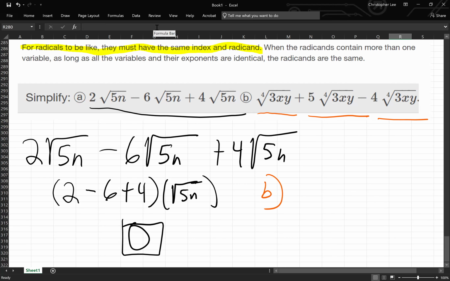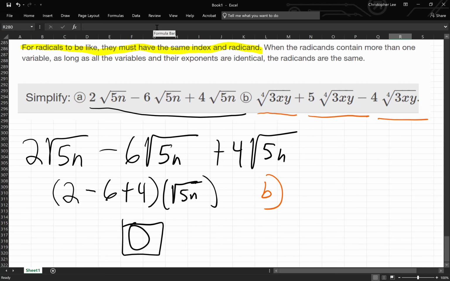1 plus 5, fourth root. Not quite. You're close. Not multiply. You're adding and subtracting, so we're just gonna do the coefficients.